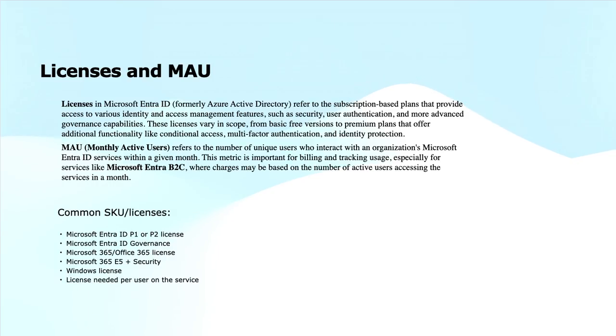This includes logging in through Entra ID or external identity providers that they use, and accessing any cloud-based applications integrated with Entra ID B2C or B2B, the external user categories, B2B users and B2C users, then the monthly billing cycle.